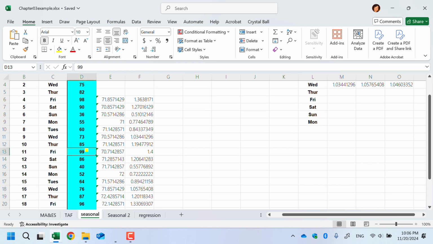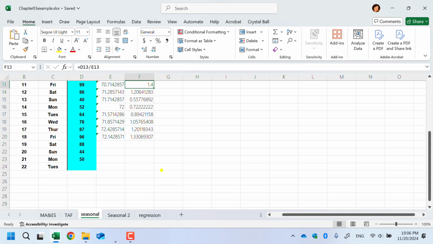You calculate the same way. These days, 3 days before and 3 days later altogether, so average is about 70.7, but I sold 99, so actually that is about 40% more.